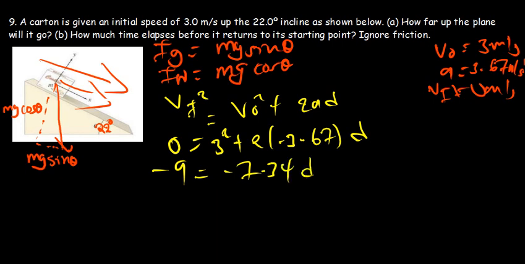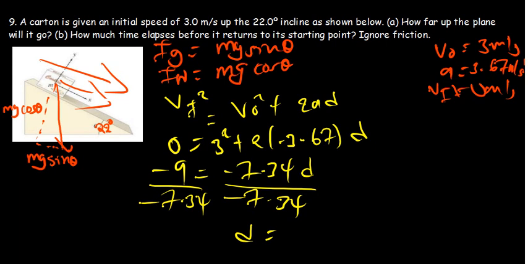Let's divide both sides by negative 7.34. Therefore d equals negative 9 divided by negative 7.34. I'm getting 1.23 meters. So that is the distance.